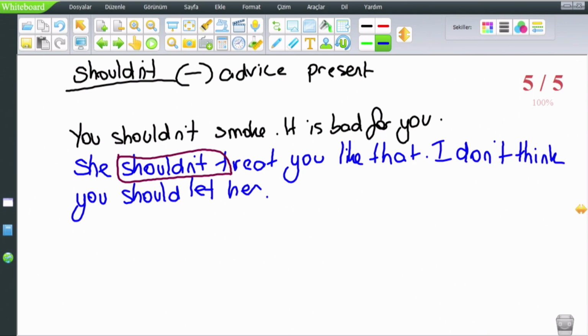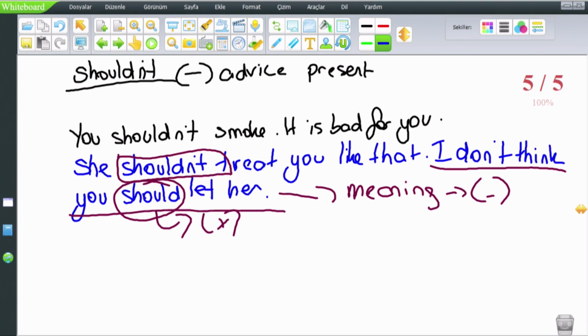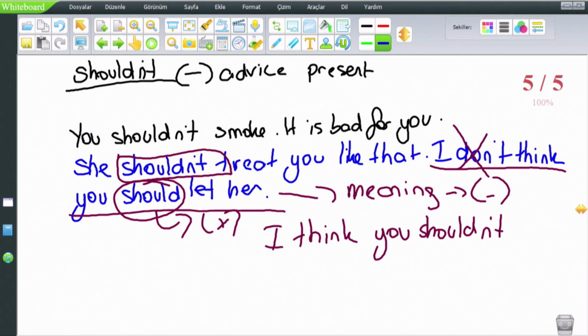I don't think you should let her. As you can see, the meaning here is negative, but should is positive. So how would I rewrite this sentence using shouldn't? I would delete the negative don't from the beginning of the sentence, and I would just write I think you shouldn't, and I would add the negativity to the modal.